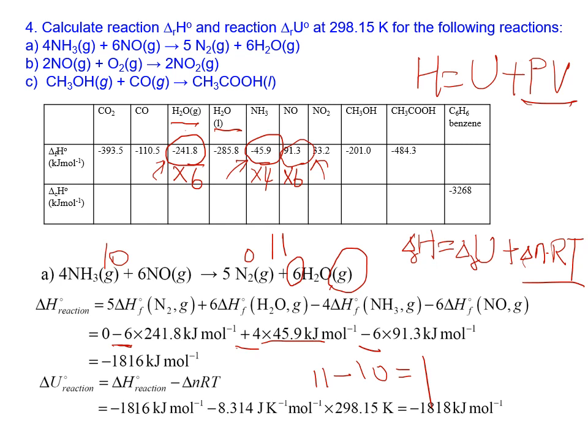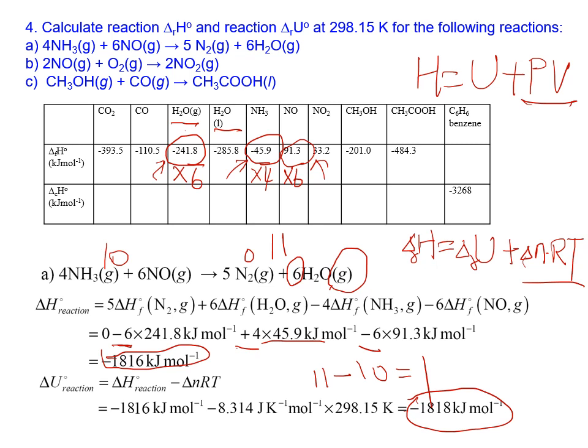That gives you negative 1,818 kilojoule per mole. And notice that delta H and delta U are very close. If your calculations are orders of magnitude different, then you might have made a mistake. Okay, so that's A.